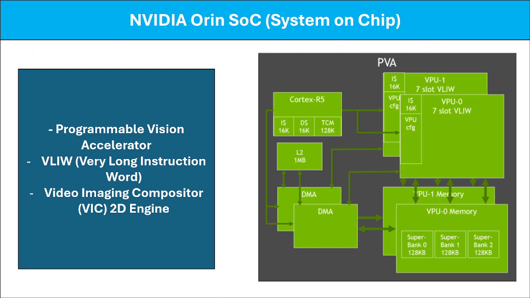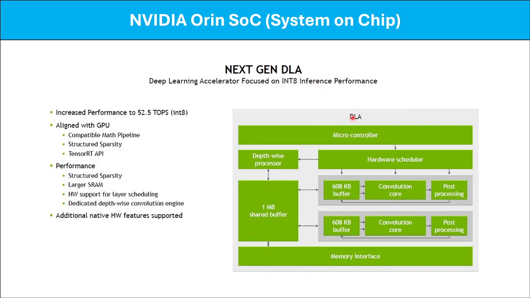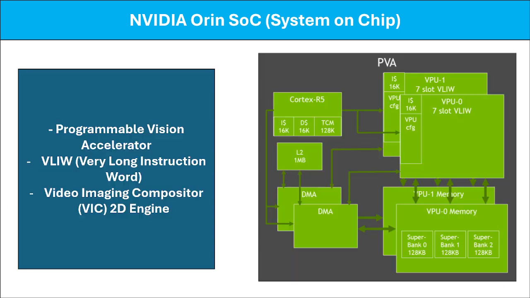We can go to the previous slide and say that DLA and PVA are part of the third block, which is meant to be used probably for different kinds of pre-processing of the video, and helps to do some, let's say, transformations of the video signal that we get from the input of this system on chip.